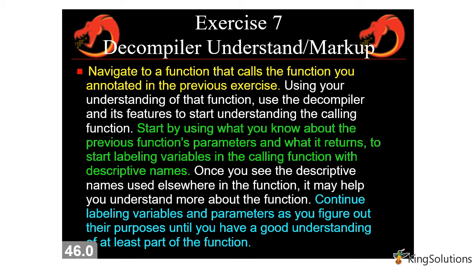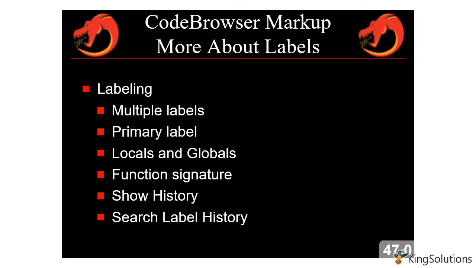Once you see the descriptive names used elsewhere in the function, it may help you understand more about the function. Continue labeling variables and parameters as you figure out their purposes until you have a good understanding of at least part of the function.